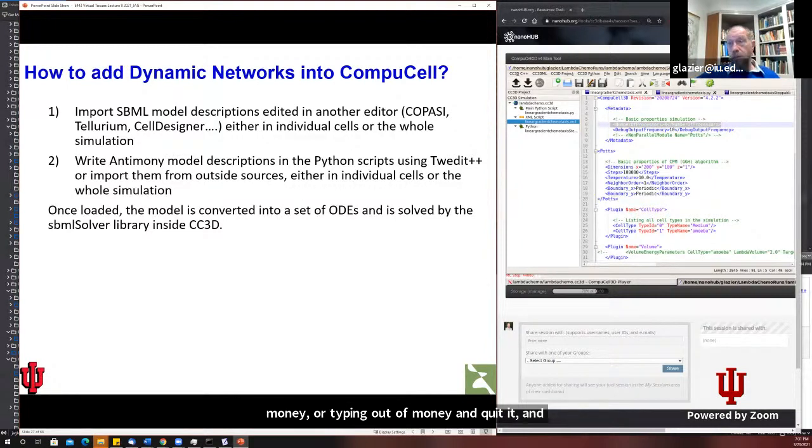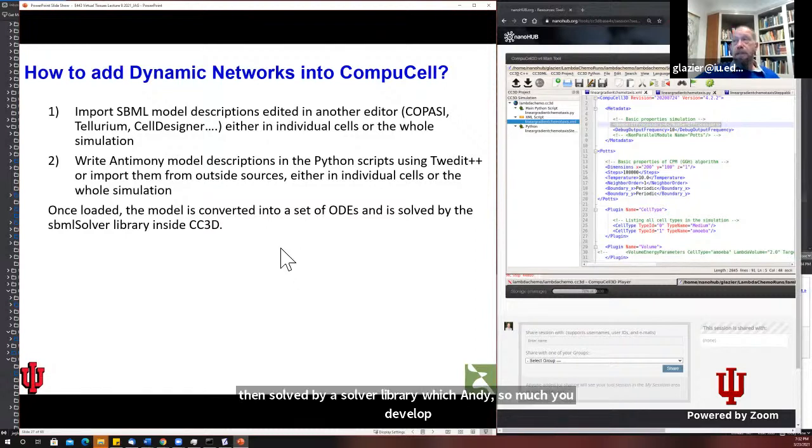And again, those can be run inside individual cells or in the whole simulation. Once you've loaded your network models into the whole simulation or into the cells individually, they're converted into internal representations and then solved by a solver library, which Andy Somogyi developed, and run inside of CompuCell.